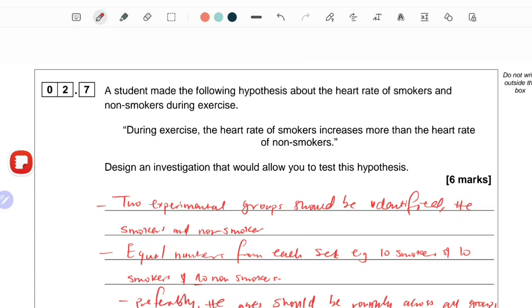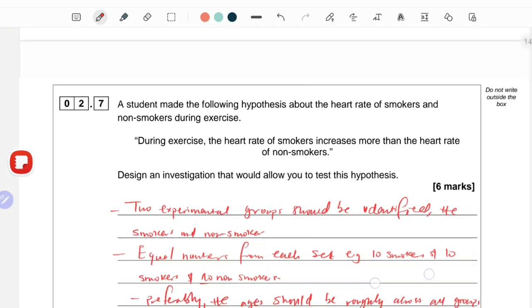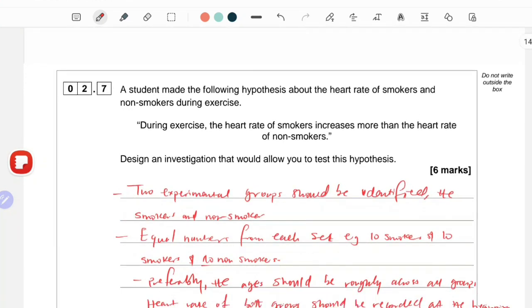Level 1 is always maybe just 2 marks. Level 2, maybe you have 4 marks here. Level 3, you get 5 to 6 marks, or sometimes you may even get up to 9 marks. Some books, some examinations, some marking schemes will tell them to add more marks if the student is logical. I've seen that before.